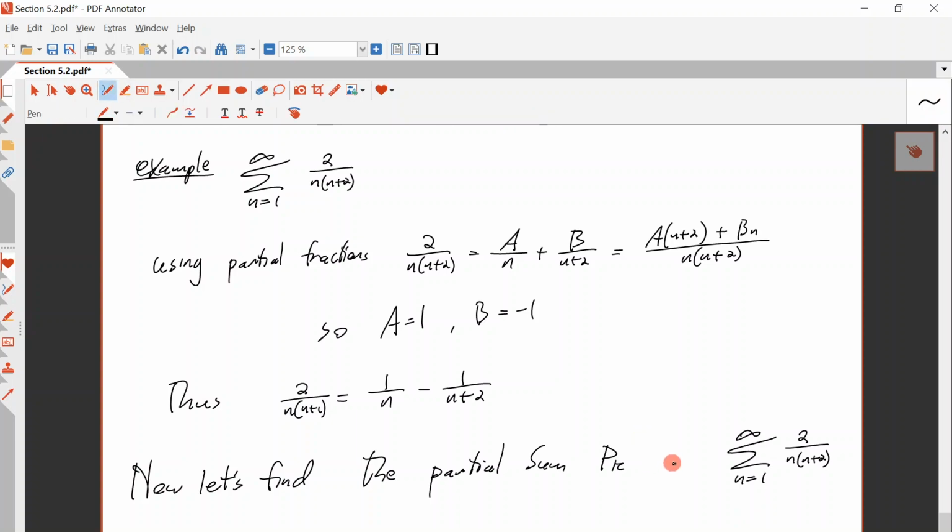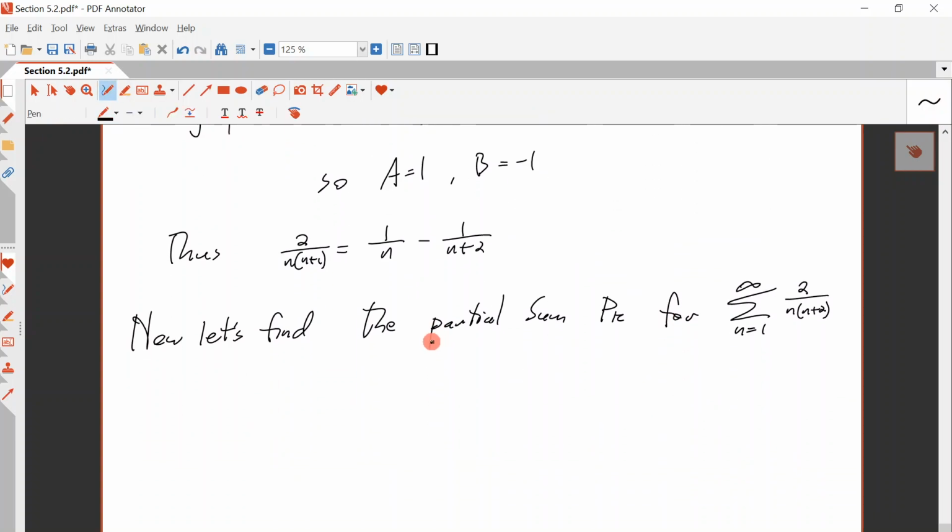You don't have to start at P1. Let's start at, say, P3, the third partial sum.